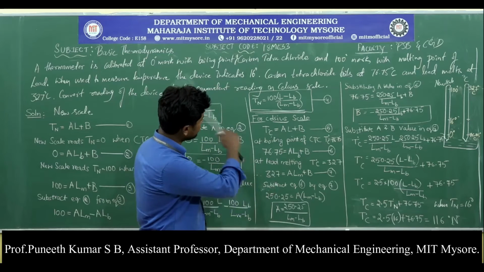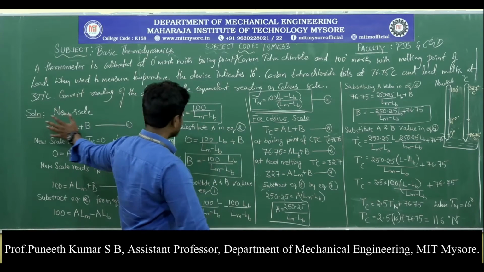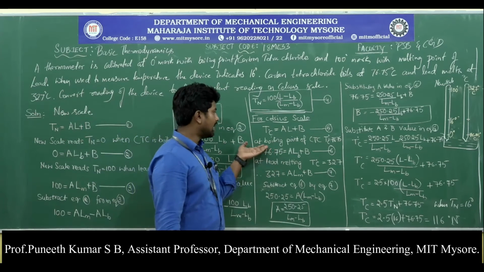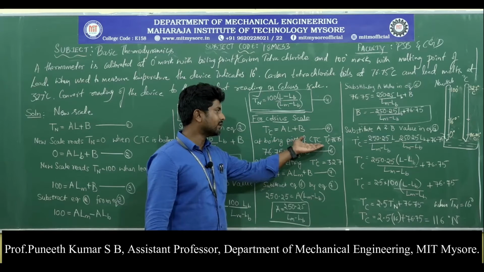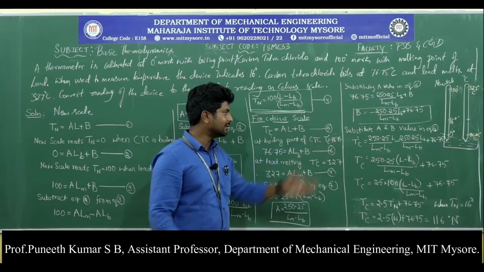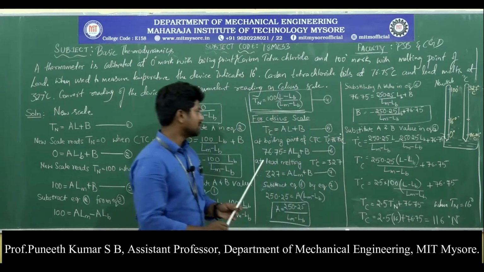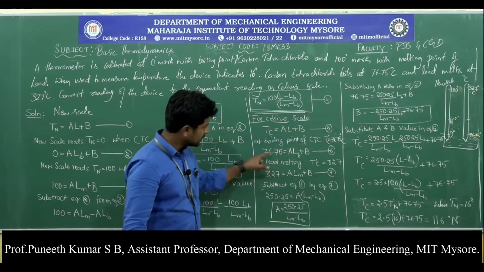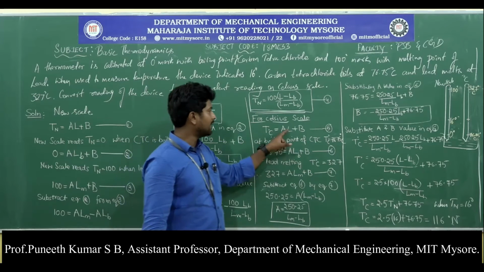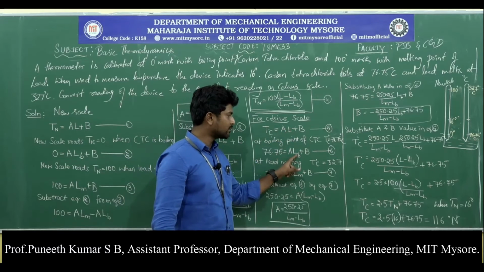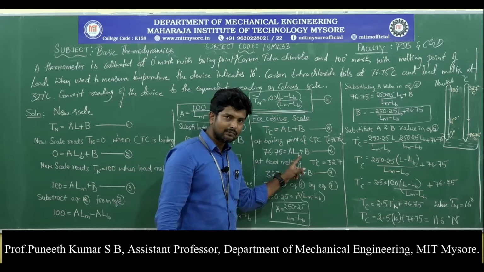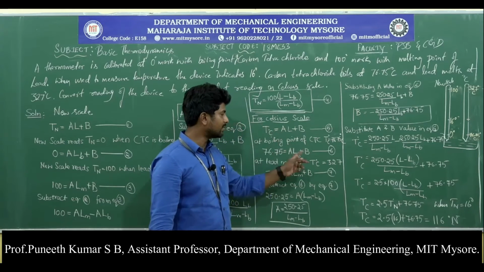Next, I will do the same procedure that we did for the new scale. At the boiling point of carbon tetrachloride, the temperature reads 76.75 degrees centigrade. So I substitute that for the temperature, and in place of L I substitute LB, because B represents the boiling point of carbon tetrachloride.